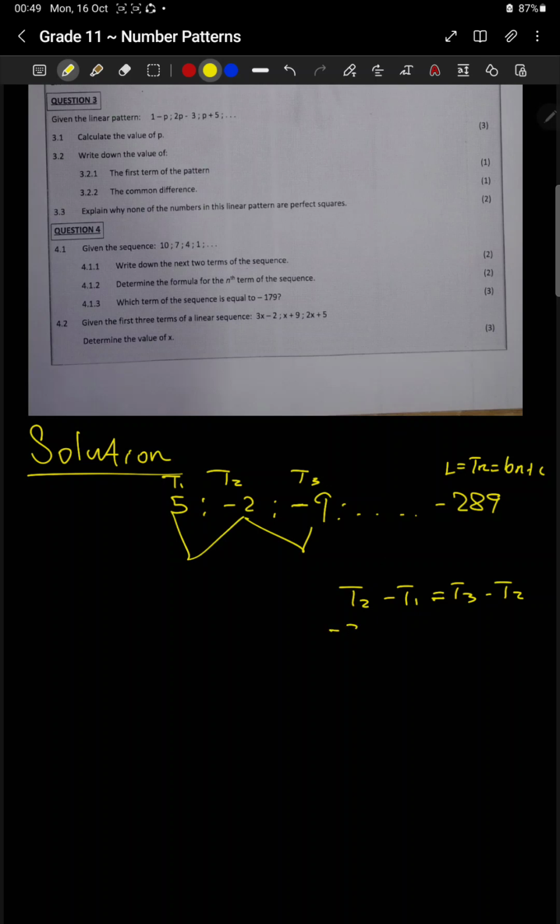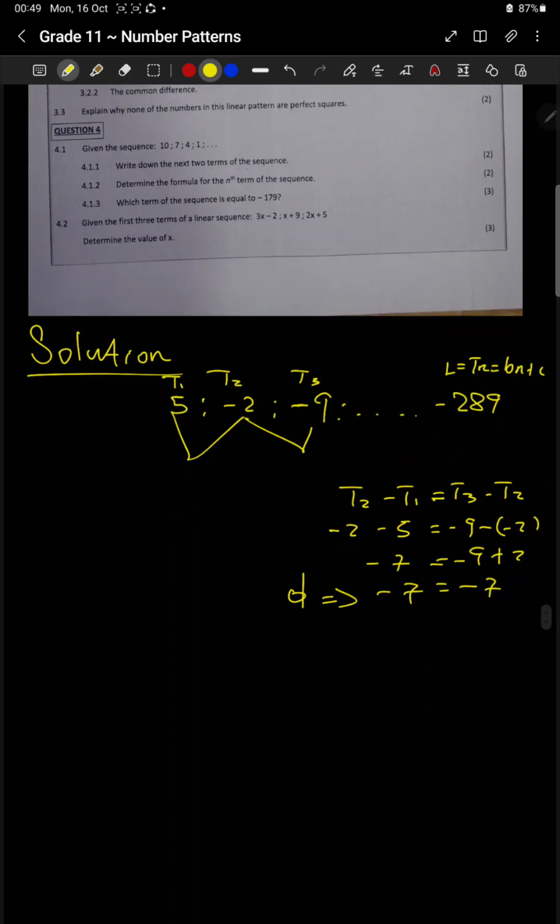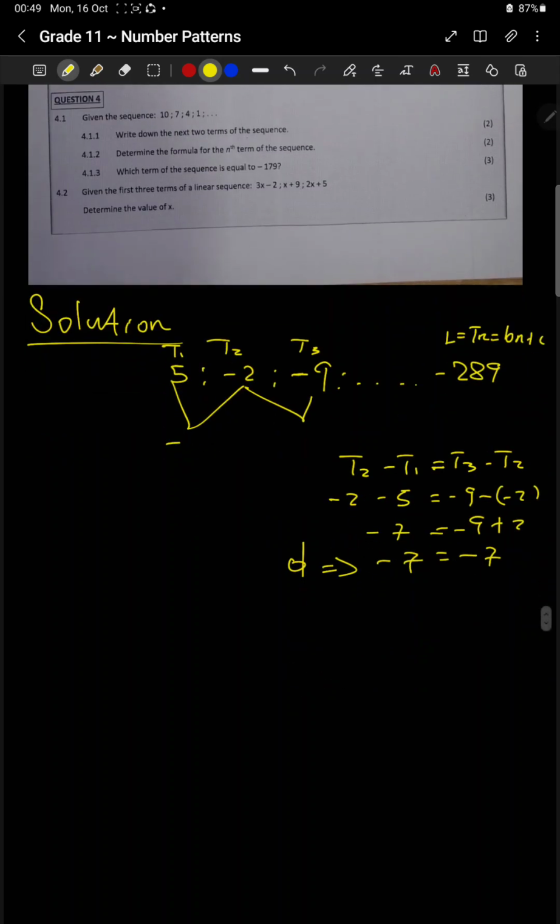So it's going to be -2 minus 5, and -9 minus -2. Negative and negative, so -2 - 5 is -7, and -9 plus 2 is -7. So it is a constant difference, which is -7, -7.